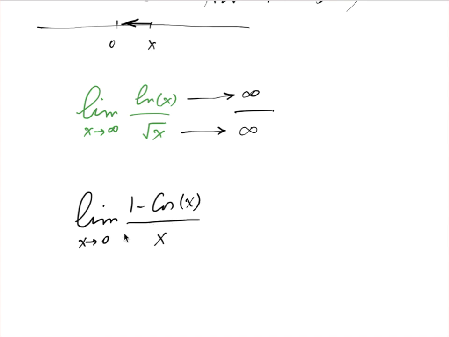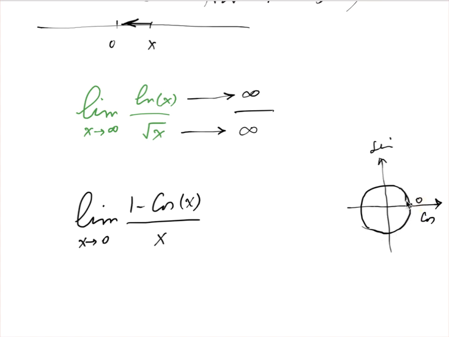Here, as x goes to 0, cosine goes to 1. Again, the unit circle. This is the cosine axis, and this is the sine axis, and here's the 0. Now x tends to 0.